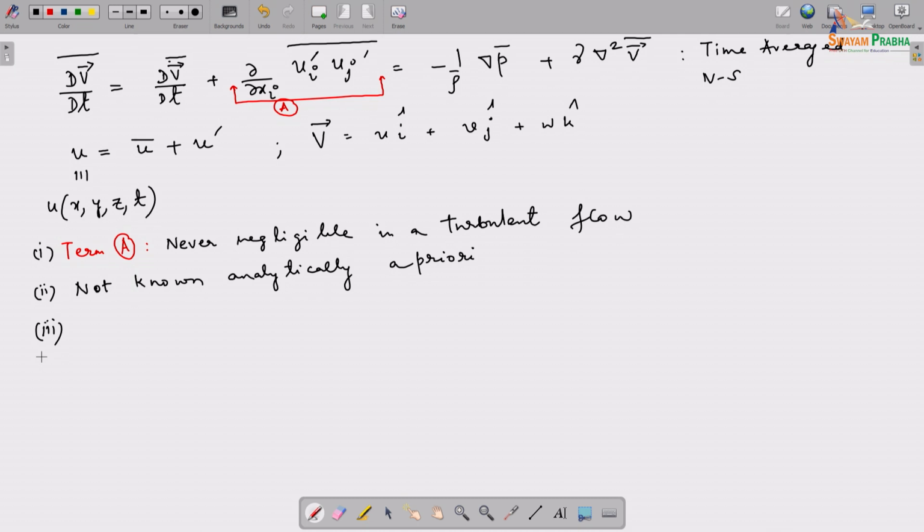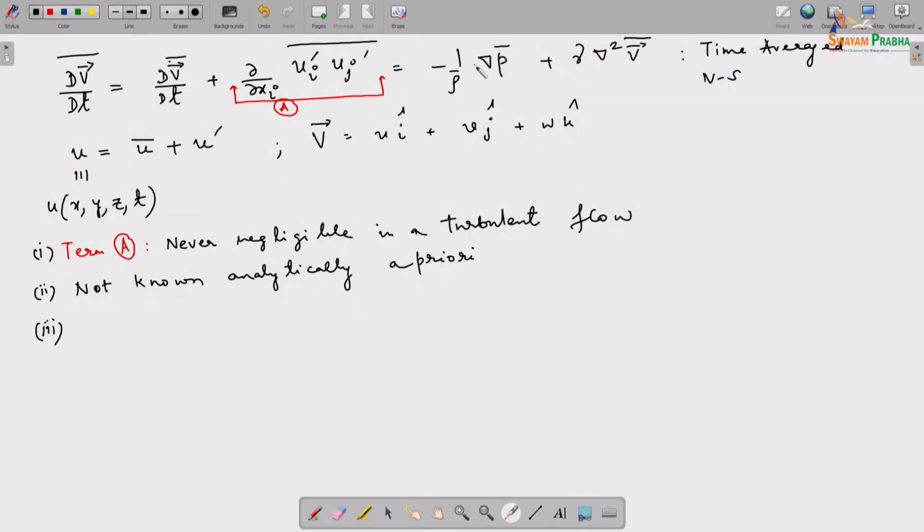Now, because of this time averaging, the equation that we have landed up with has thrown us several components which were not there earlier. This is a term which we didn't have earlier, right. It is coming in because of the time averaging, and we're using this for a turbulent flow, right.